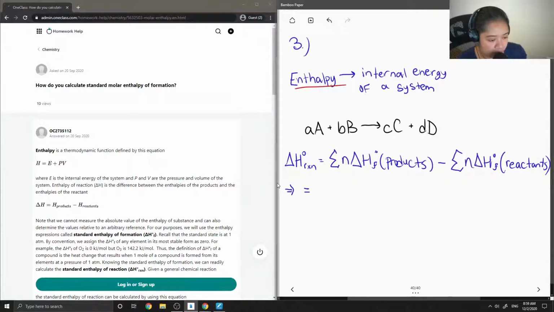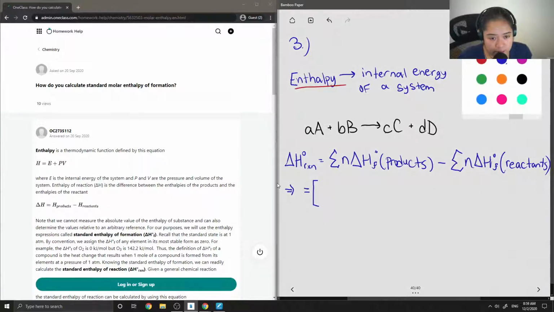So this would be equal to, first I'm going to look at the sum of the molar enthalpy of formations for all the products. So this is like our elements C and D. And notice that I have an n in front of all of the values as well.